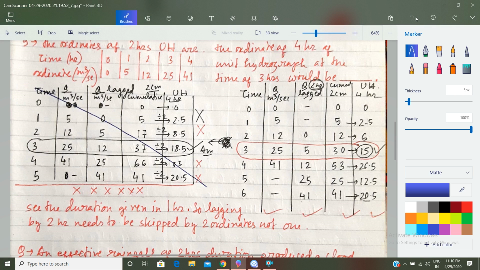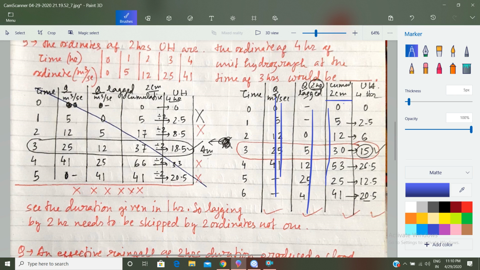Okay, so now this two is cumulated here. So it will result in 2 centimeter of runoff, because this one is 1 centimeter depth of runoff, and this one is also 1 centimeter depth of runoff. So if you cumulate these two, then we will get a 2 centimeter runoff. So this one is 2 centimeter.